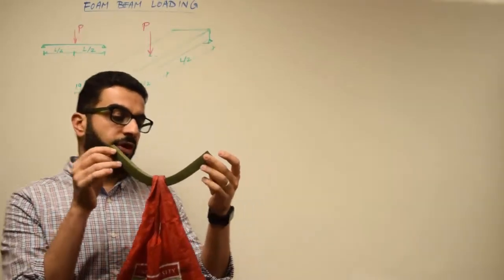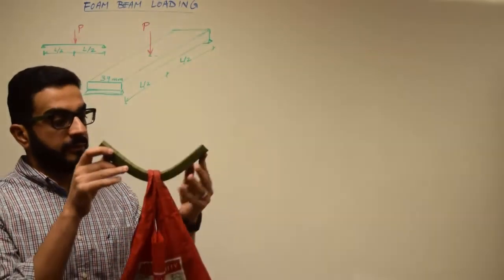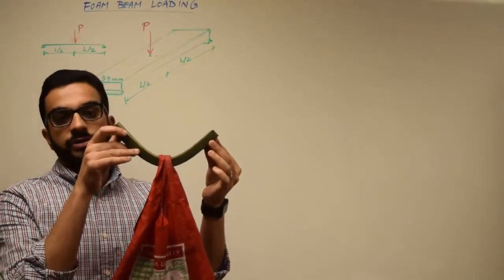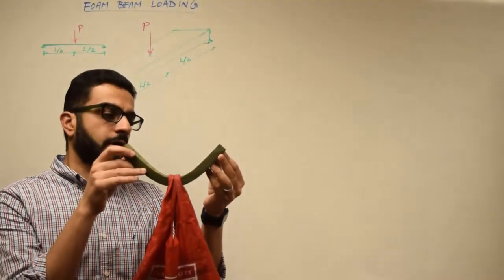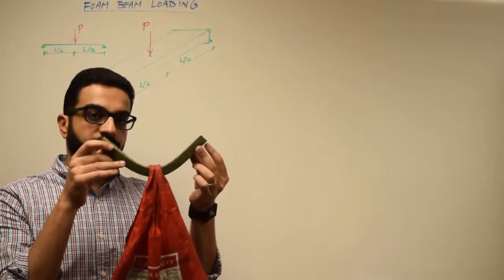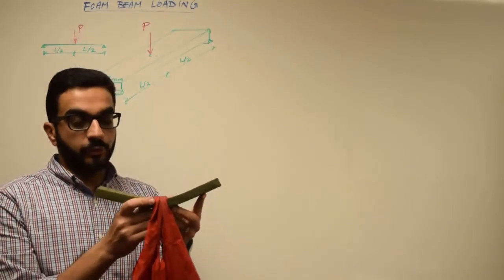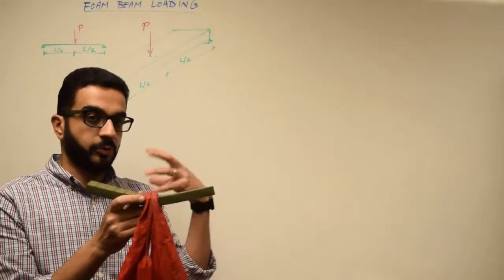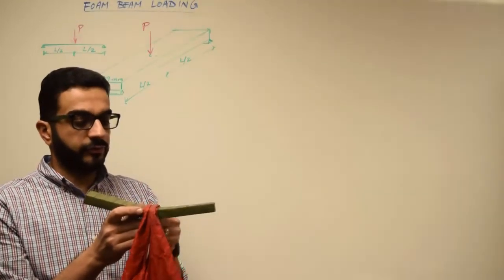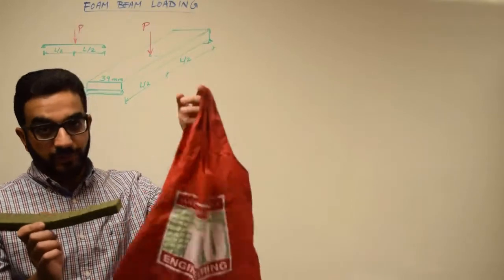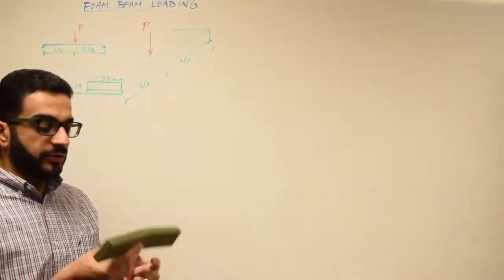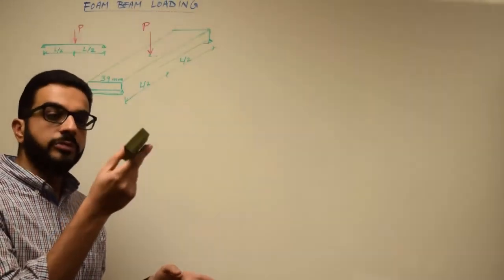So the question to you is, if this is scary, too much deformation for a beam, how can we reduce the deformation or deflection of this beam? I will make it more challenging by putting more constraints on it. First of all, the load stays the same. The beam material stays the same, so it's still foam.